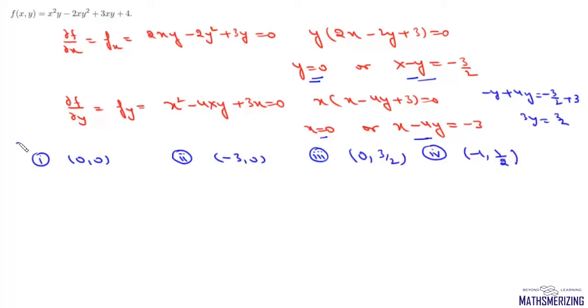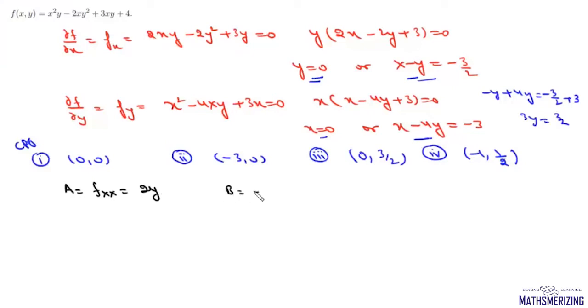So we have 4 critical points where we need to examine whether they are points of minima, maxima or saddle points. And for that we'll need to use the second derivative test. So we'll find a, and that is fxx. So we'll partially differentiate it again with respect to x. We'll get 2y.